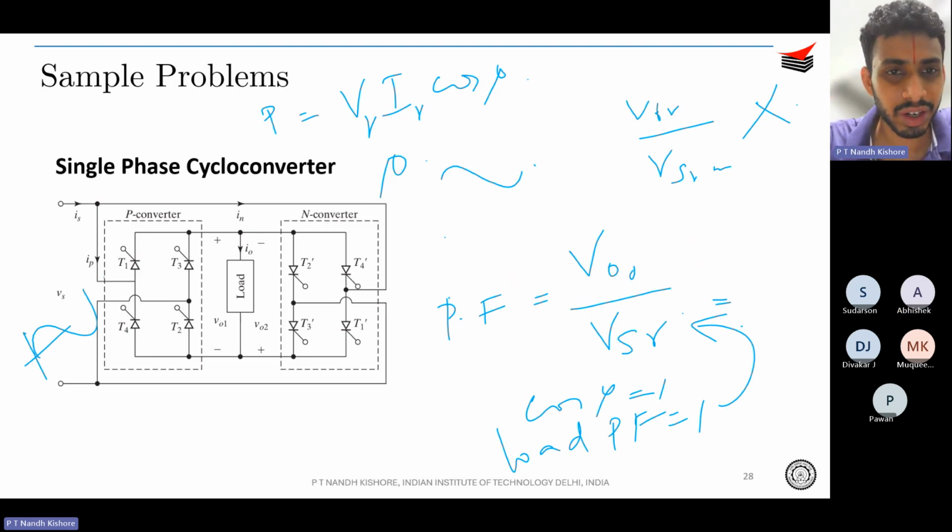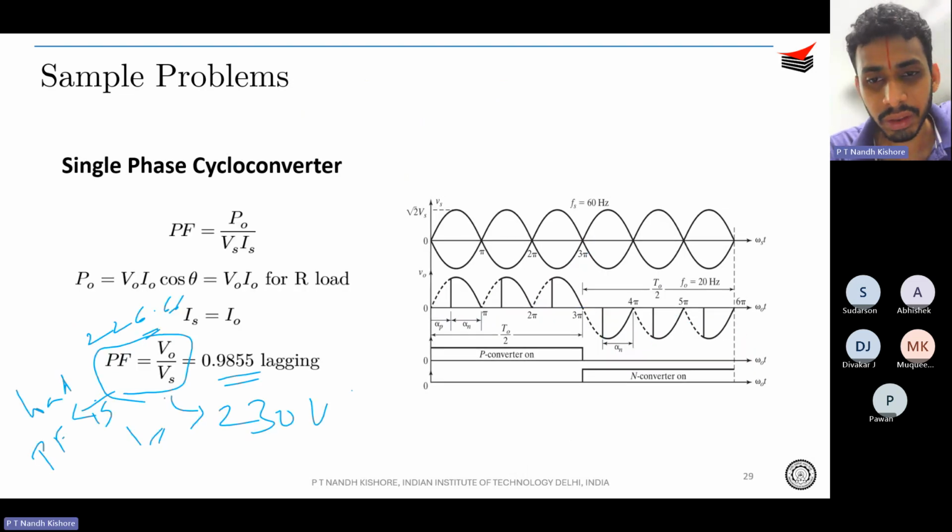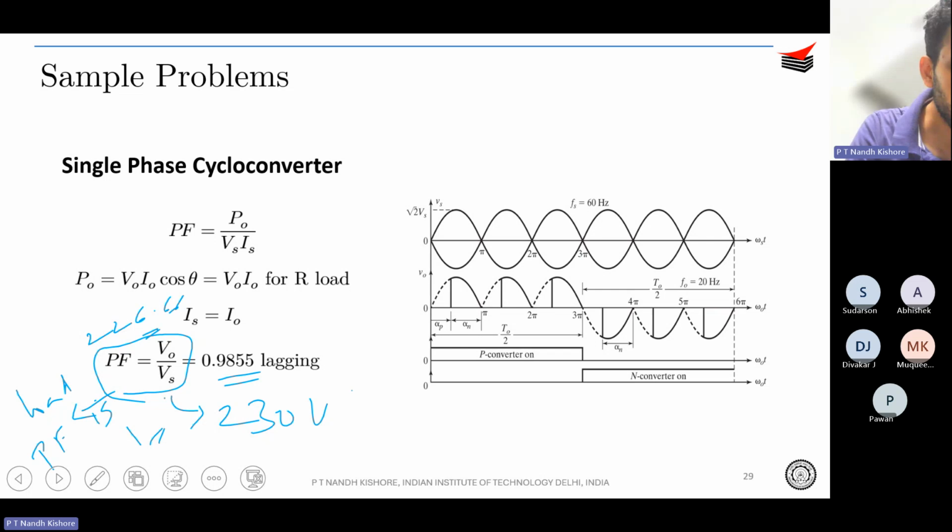The point is, you understand current can flow only when either of these two converters is on, correct? Either your P converter should be on or your N converter should be on. For simplicity, we will assume that it's just an R load. So then what happens?